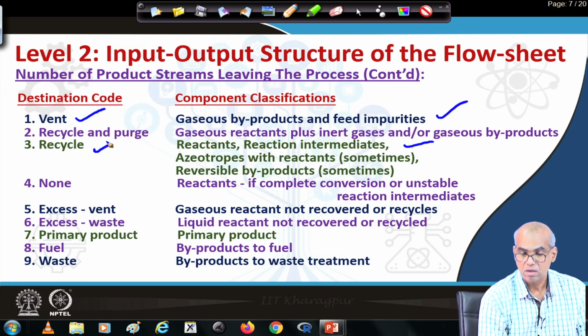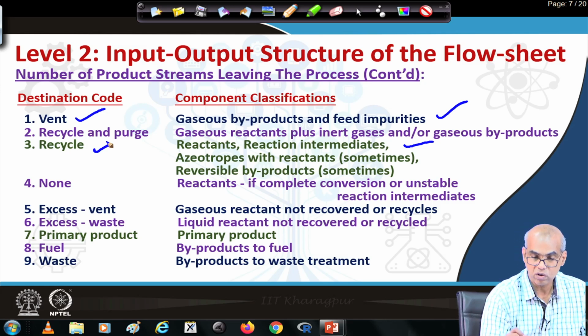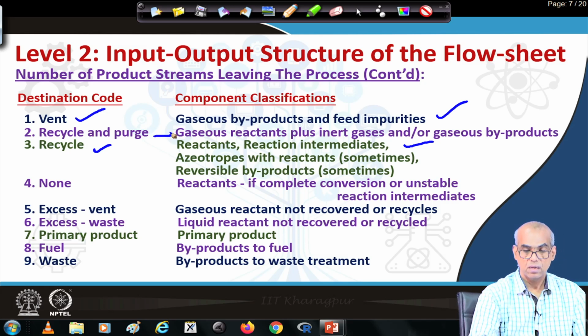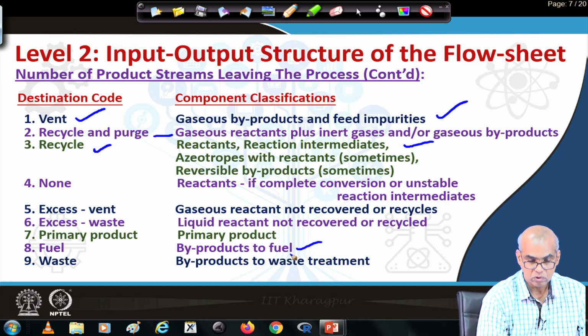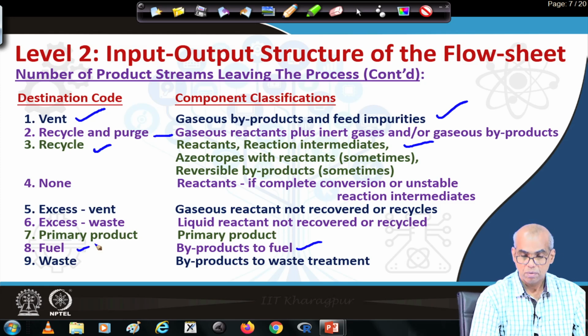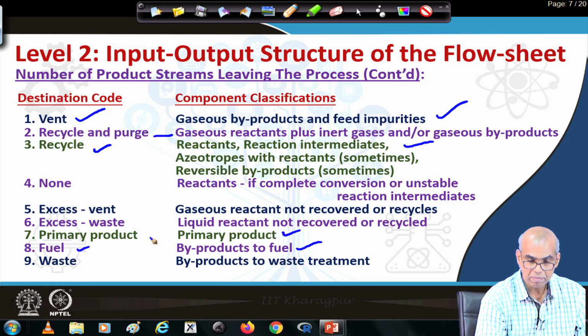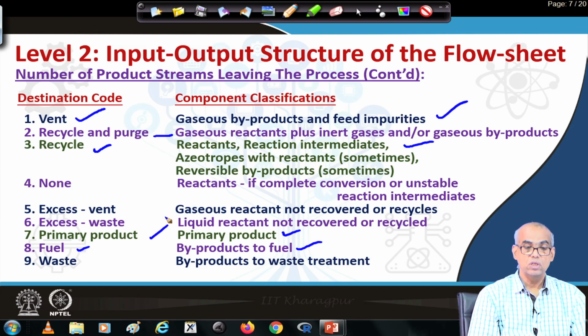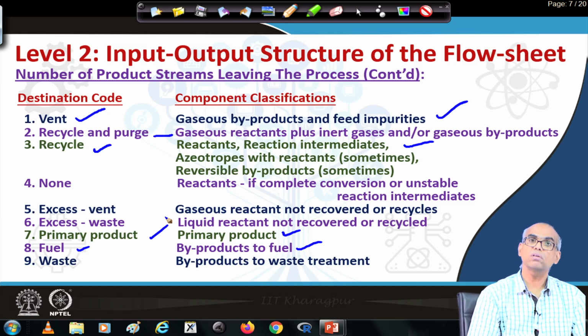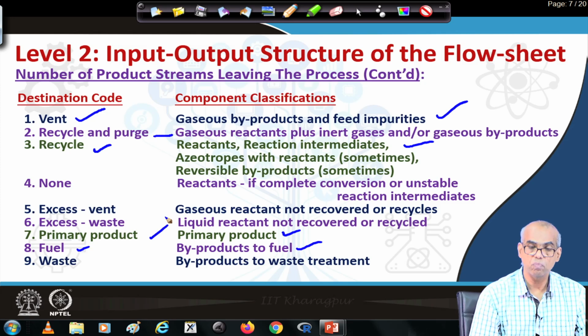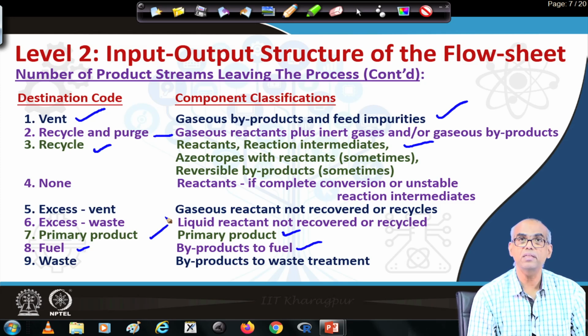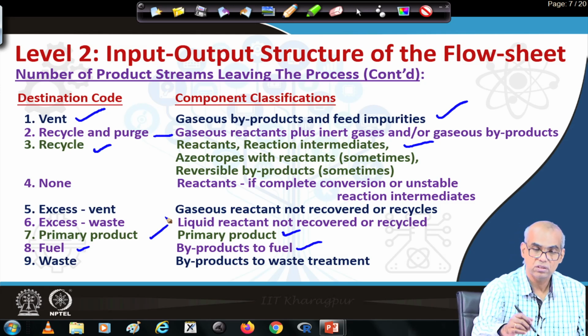Gaseous reactants plus inert gases and or gaseous byproducts, we will assign recycle and purge as destination code. Byproducts to fuel, we will assign fuel as destination code. Primary product will be assigned primary product as destination code. So, we have a list of destination codes and the associated component classification. You use this list to assign a destination code to each component.